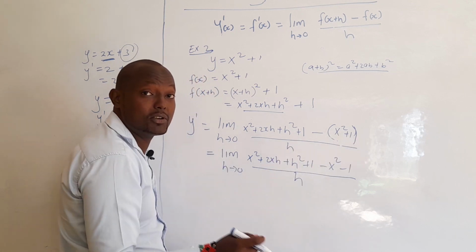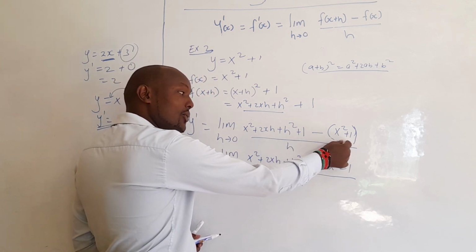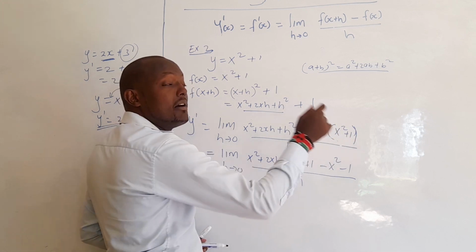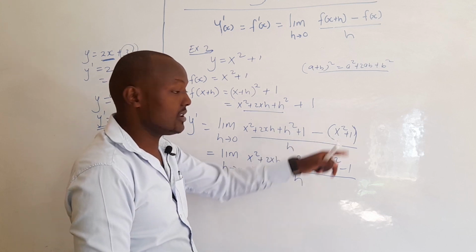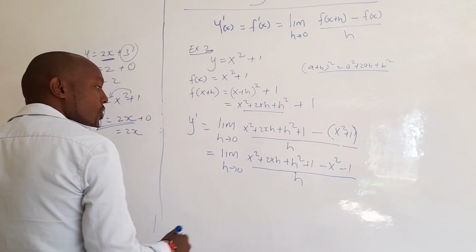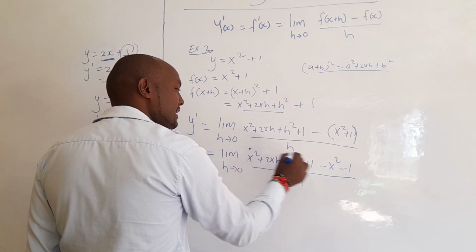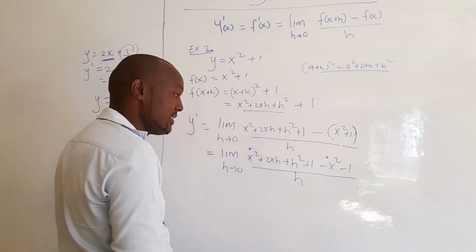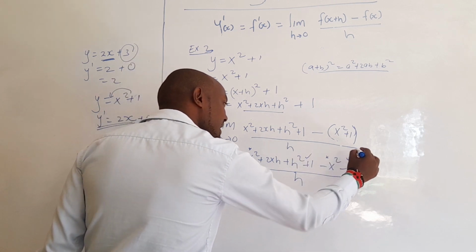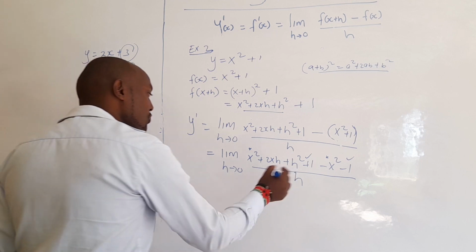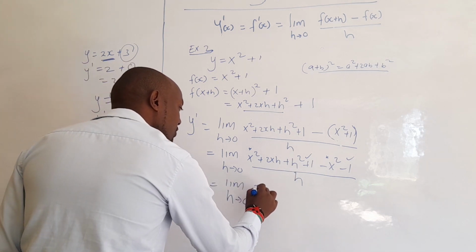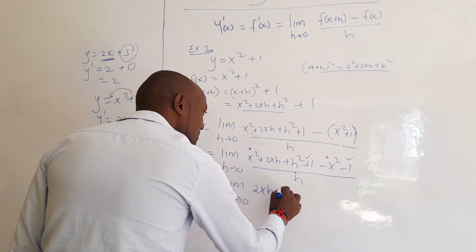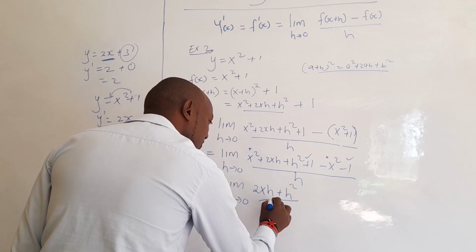It is important because when you open, it will have a very big impact when it comes to signs of those functions. So again, this x squared and this one will cancel out. This plus 1 and this minus 1 will cancel out. So we will be left with the limit as h approaches 0 of 2xh plus h squared all over h.